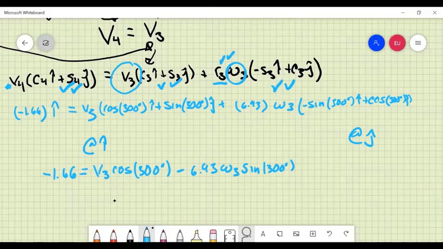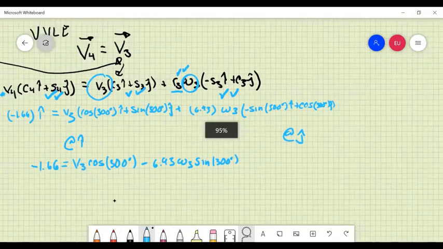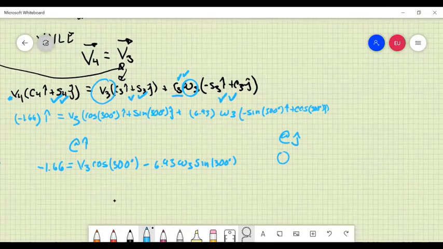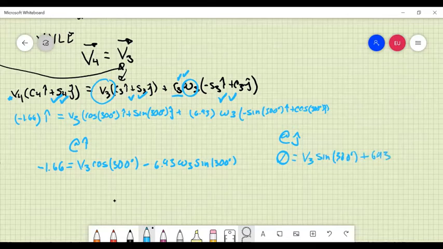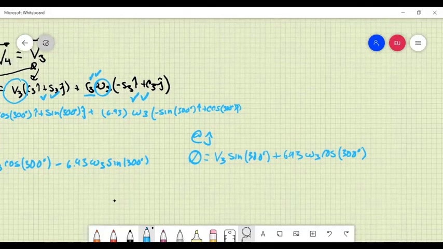Now what about vertically? Vertically I have 0. Sorry, that was Sherlock waking up. That's 0, and I have B3 sine of 300 plus 6.93 omega 3 and cosine of 300 degrees. Those are my two equations.